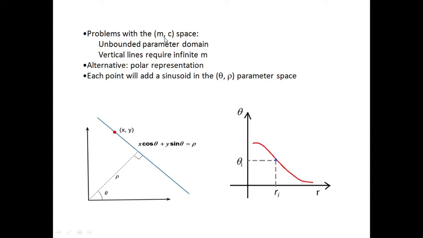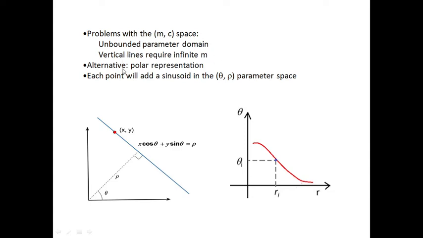Vertical lines require infinite m, because y equal to mx plus c is there. For a vertical line, definitely the slope is infinite, so I am leaving it to you. Now vertical line requires infinite m.